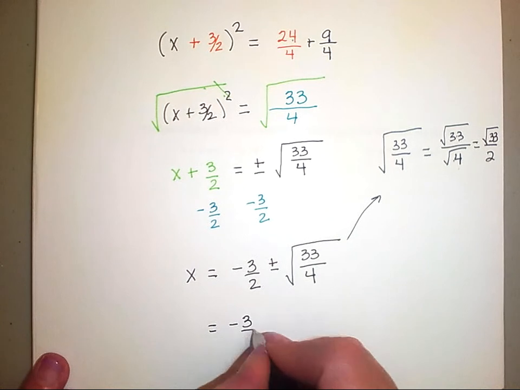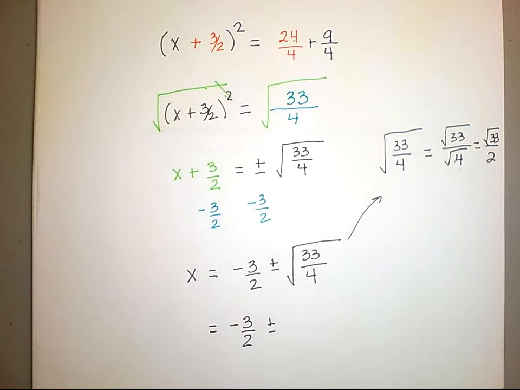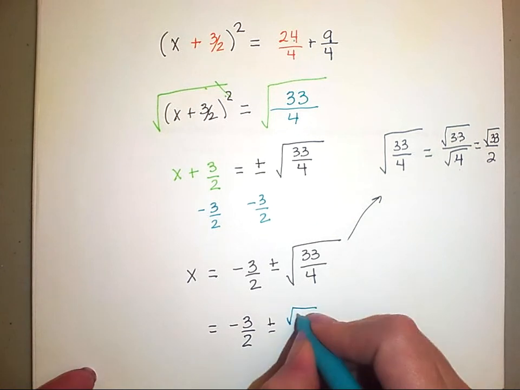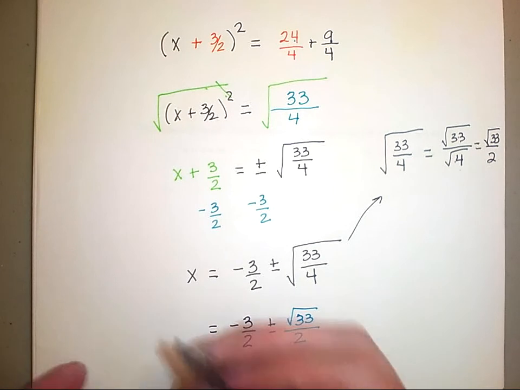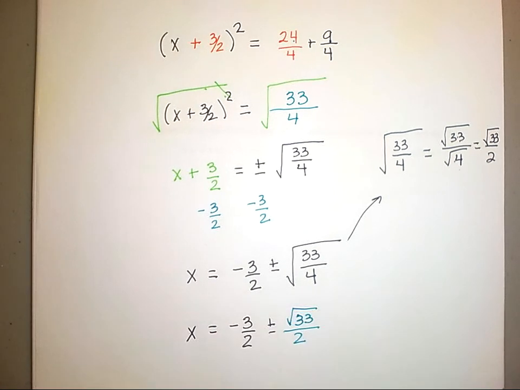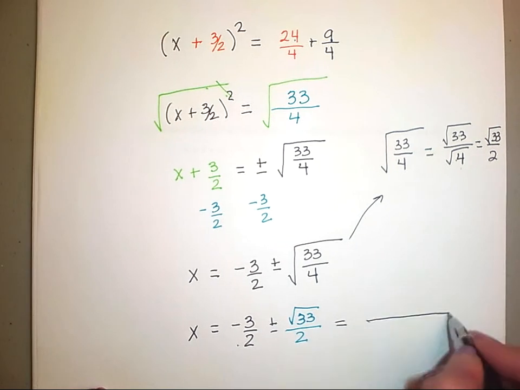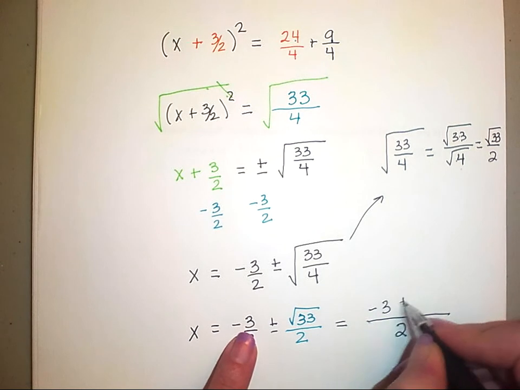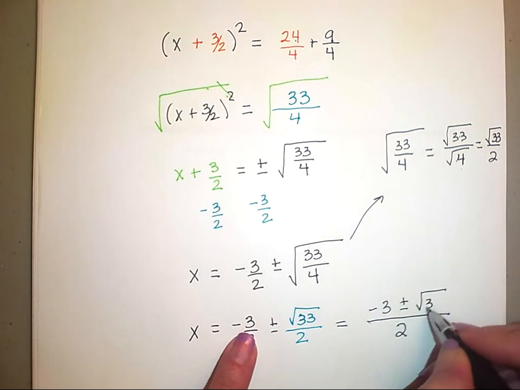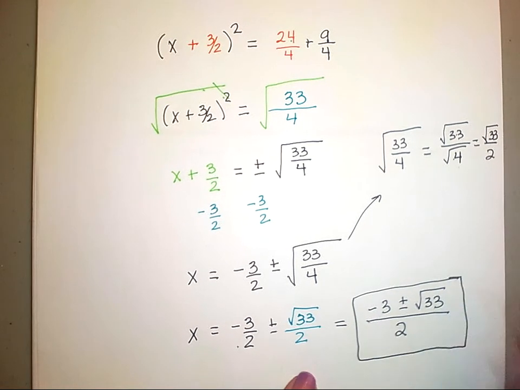So this is now negative 3 halves plus or minus the square root of 33 over 2 is what x is equal to. And since these have the same denominator, I could really write it as one great big fraction as negative 3 plus or minus the square root of 33 over 2. So we really have two answers here.